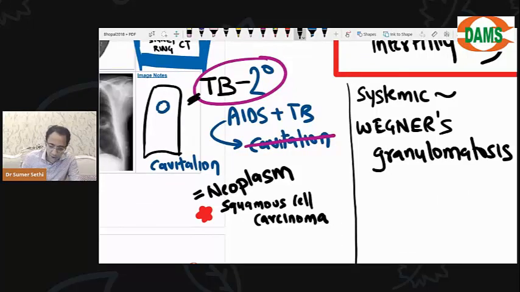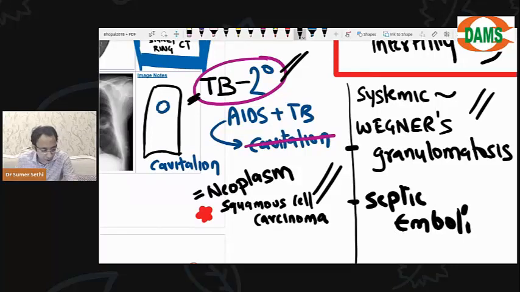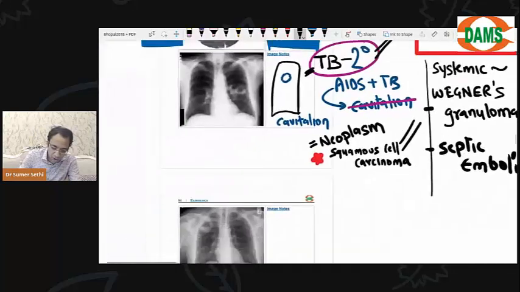So cavity can be seen in tuberculosis, which is characteristic, but it can be a neoplastic cavity, it can be a systemic disorder like Wegener's granulomatosis, and even if you have septic emboli in the lung, you might see cavitating nodules. Very good.